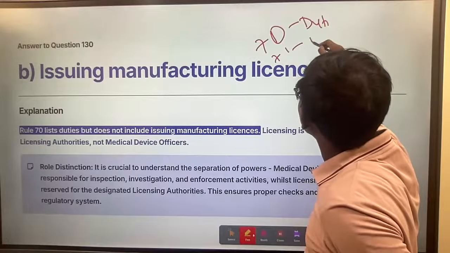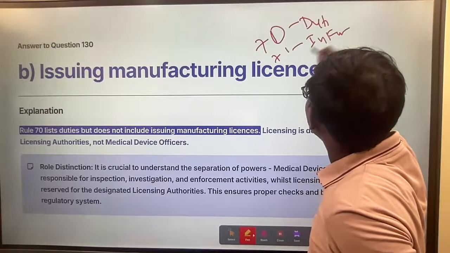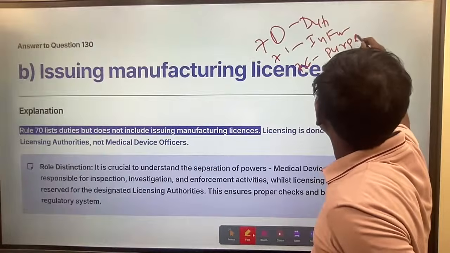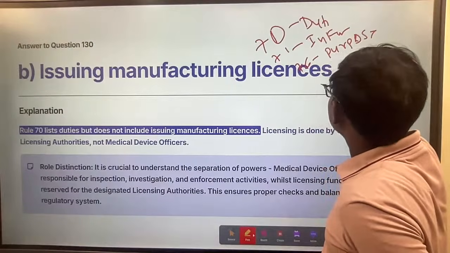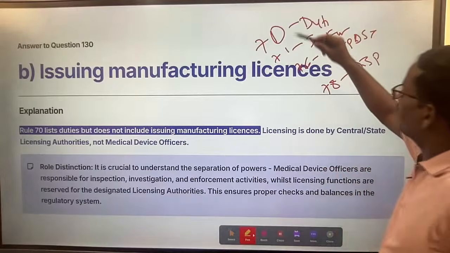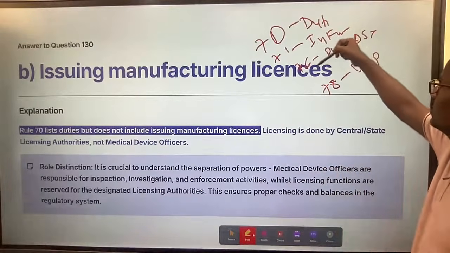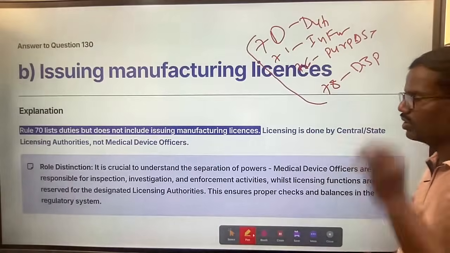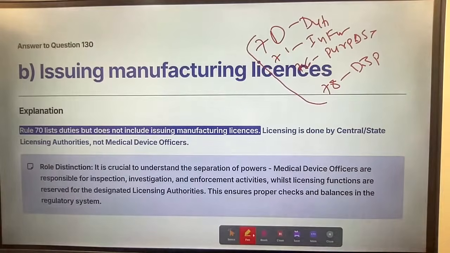71, do not disclose the information. 76, purpose, you have to mention why you are doing the inspection. And 78, you dispatch the samples. So 70, 71, 76, 78, these are the interlinking rules for your inspection. 70 lists the duties but does not include the manufacturing license, which is issued by CLA.